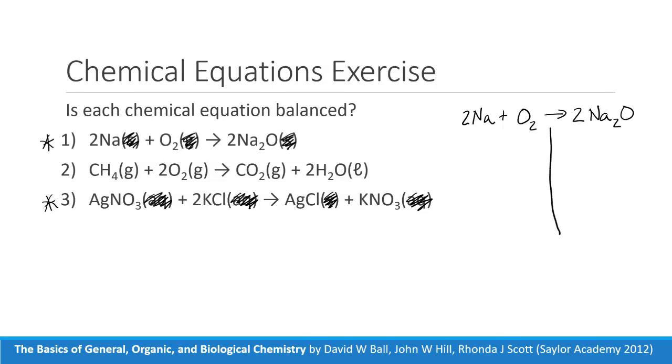And I'm going to form a line directly under that arrow. And on the left-hand side, I'm just going to write the type of elements that I have, which is sodium and oxygen. And I'm going to do the same thing on the product side. We have sodium and oxygen.